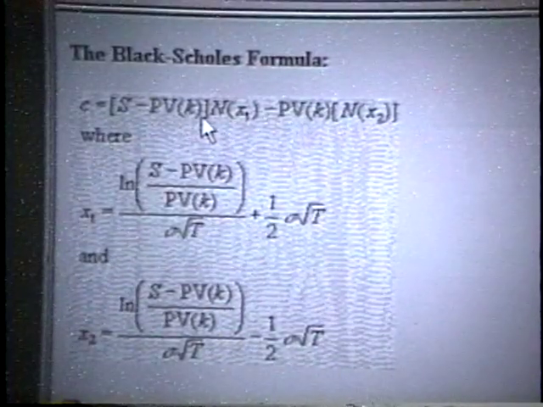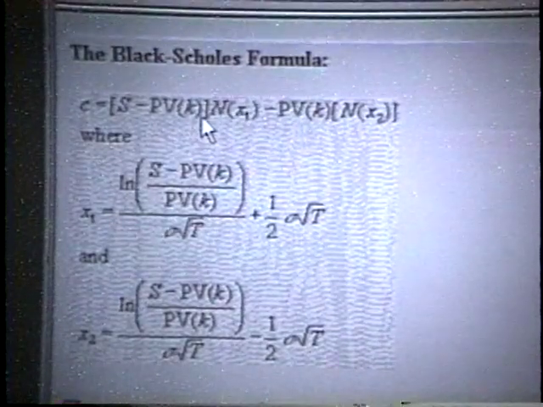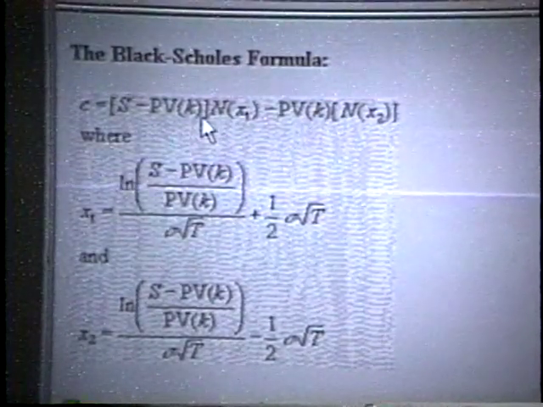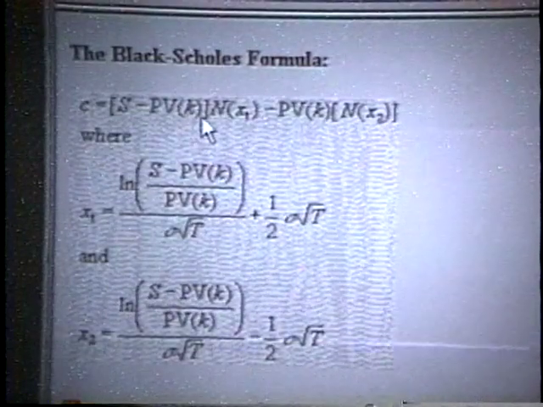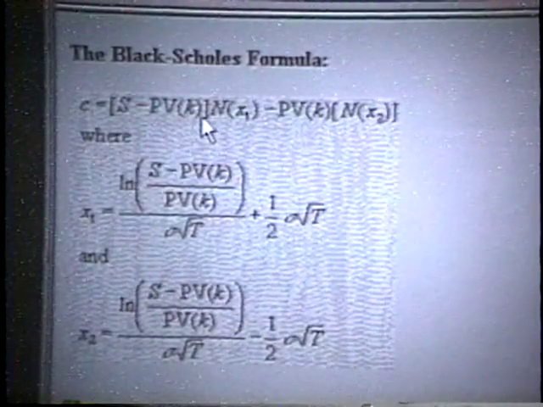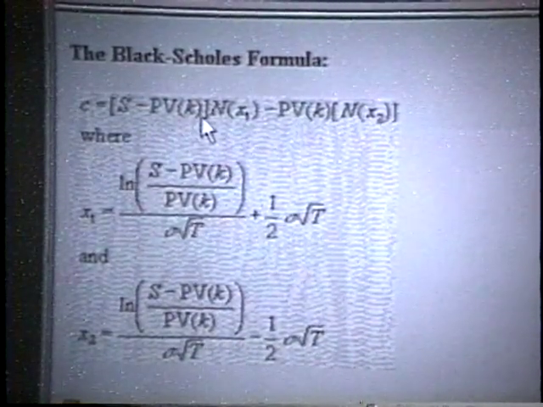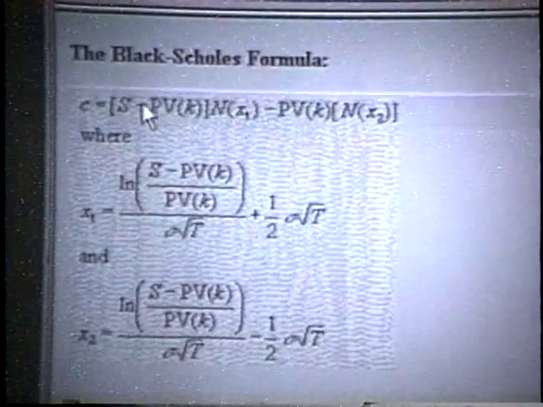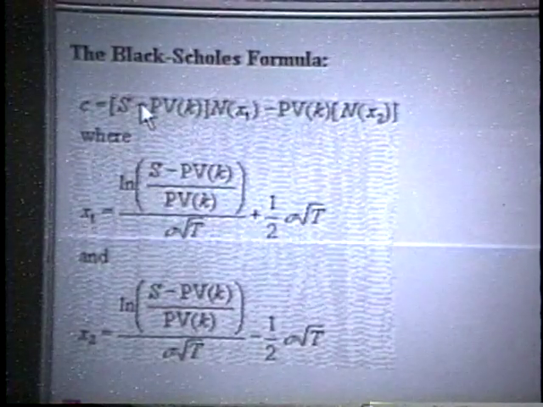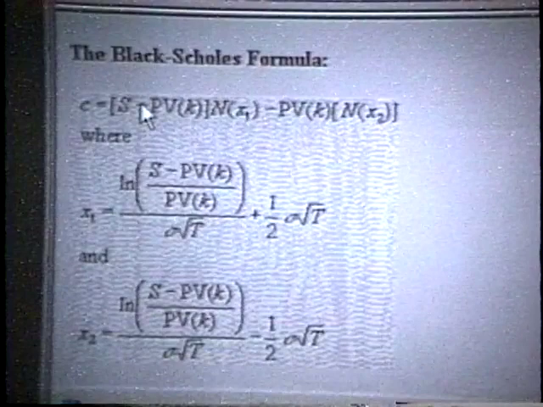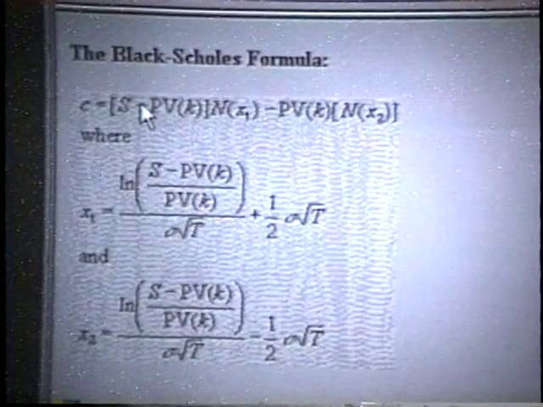Okay, so this kind of looks like a mess, and I want to try to convince you that this formula is not as bad as it looks. Okay? So let me do it, and this is what we're going to do. Let's ignore the PBD. So let's assume that's 0, the stock with no dividends.